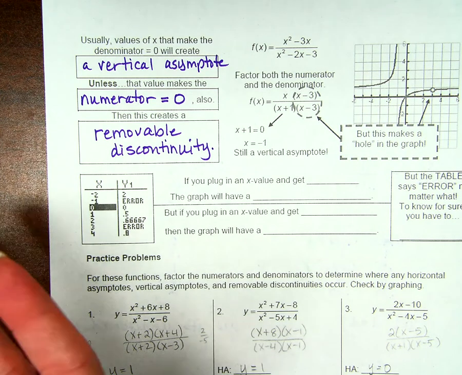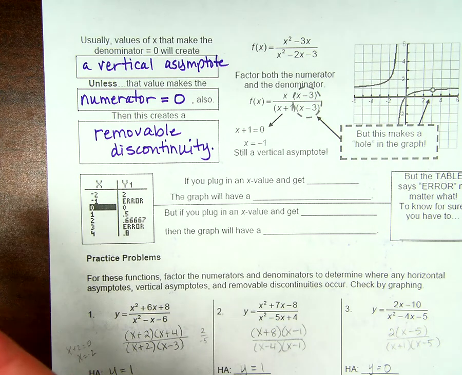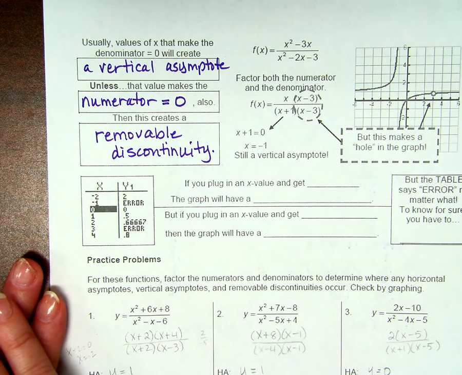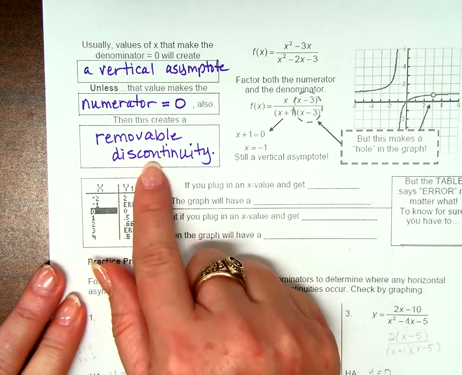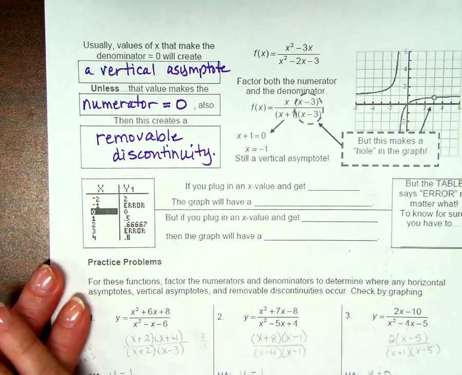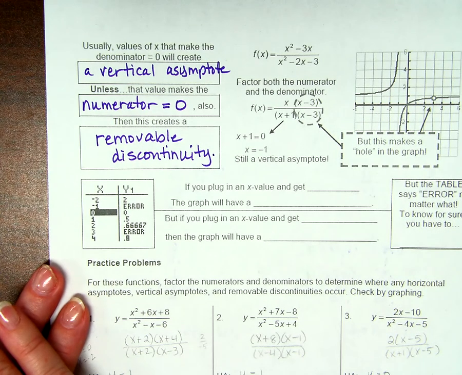Like, I think asymptote is funny. But today, after talking about asymptotes for 2 days, we have to talk about removable discontinuities, because the other word for removable discontinuity is a hole.